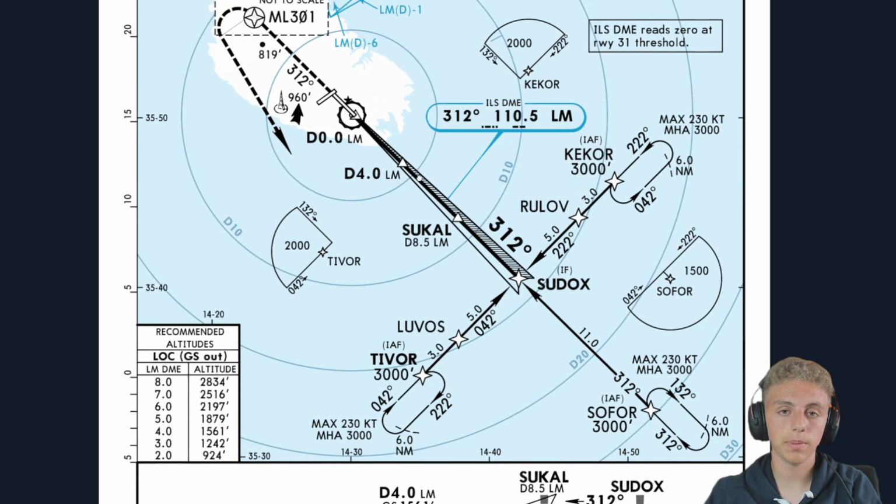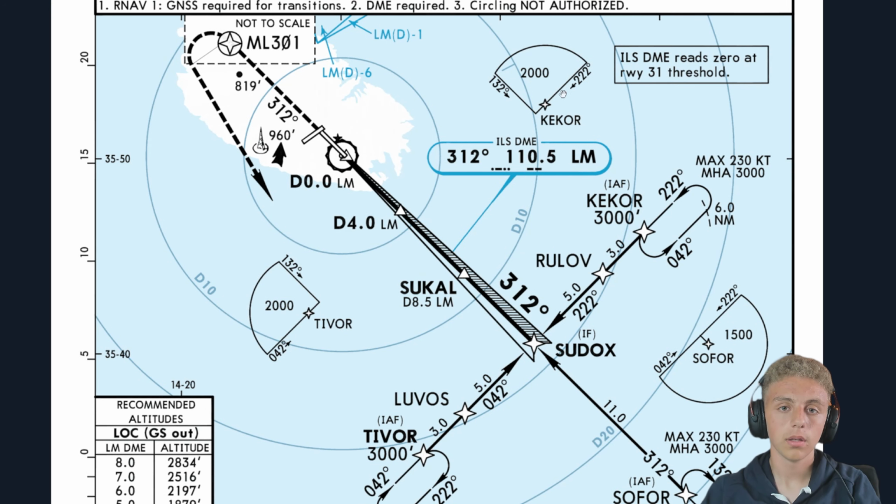Now, coming down here to the plan view part. It looks daunting with a lot of symbols, but it's not that bad. Here we have the ILS DME with all of the information you need. Over here you have the holding points. The initial approach fixes, the IAFs, have holding points in this case, and they are 6 nautical miles.